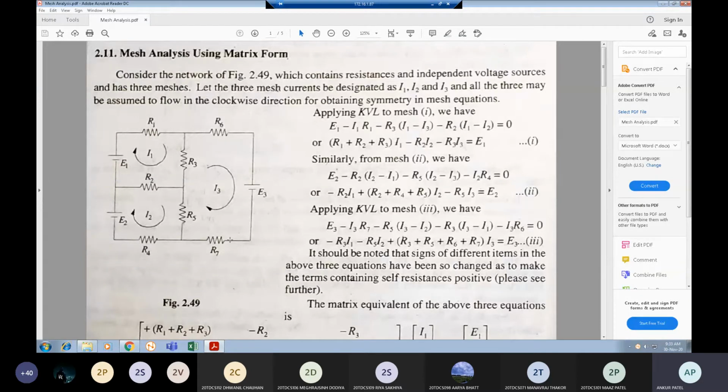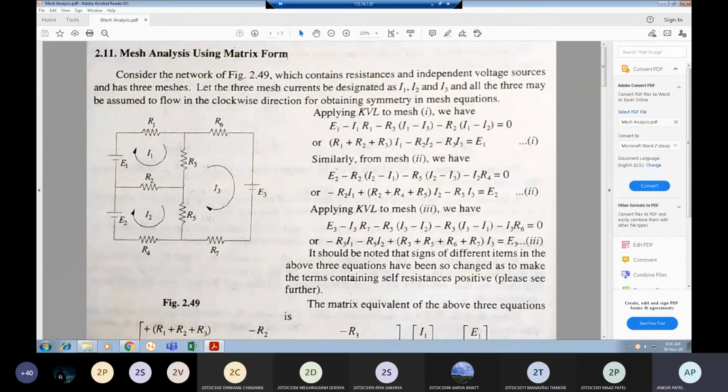Minus I3 R7, minus R5: we have two currents, I3 and I2, so minus R5 in bracket I3 minus I2. Then again we have two currents through R3, so minus R3 in bracket I3 minus I1. Then minus I3 R6. Okay.